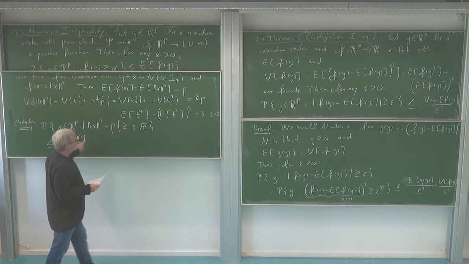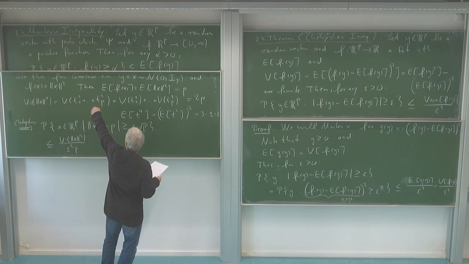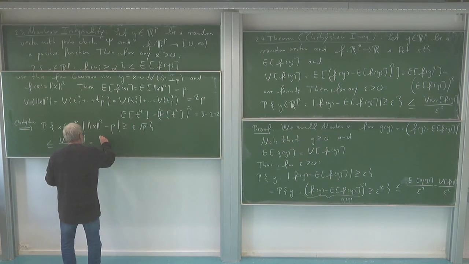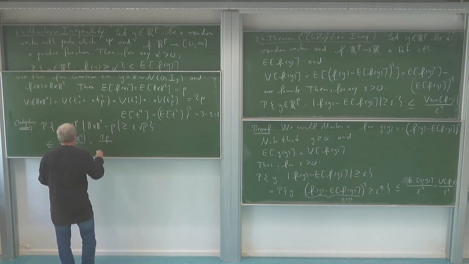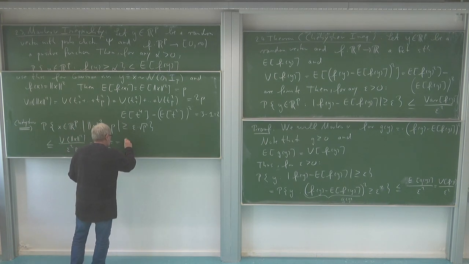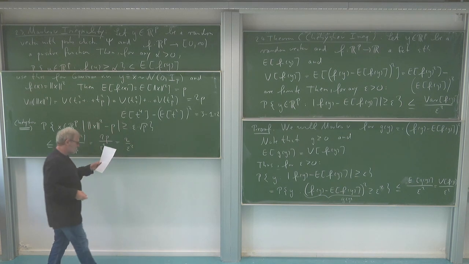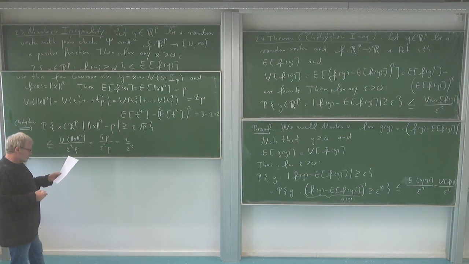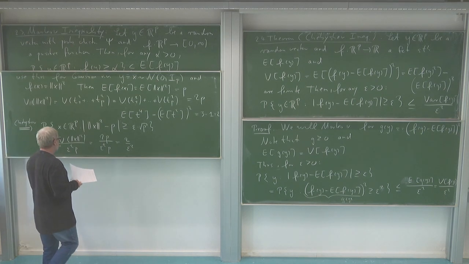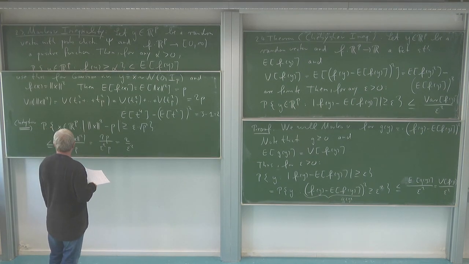But the variance of the square of the norm was 2p, so this is 2p divided by epsilon squared p. The p goes away, so I have 2 over epsilon squared. Good. Okay, and so we get some estimate in epsilon.